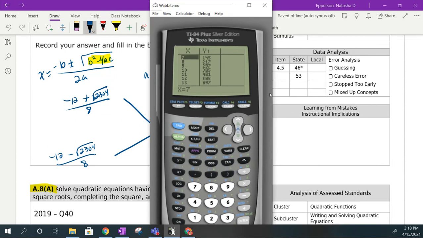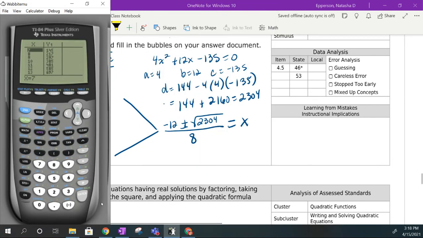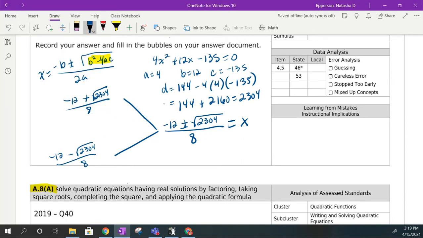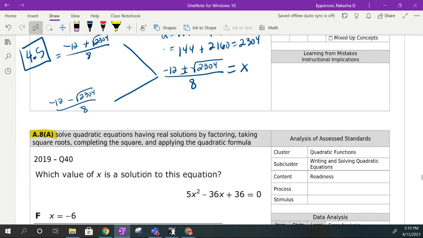Let's look at what we're going to get. Second quit, negative 12 plus the square root of 2304, enter. That gives me 36 divided by 8, which gives me 4.5. That is a positive value, so that is the value that I want. The other one would give me a negative value. So that is the answer that I would bubble in on my answer key.